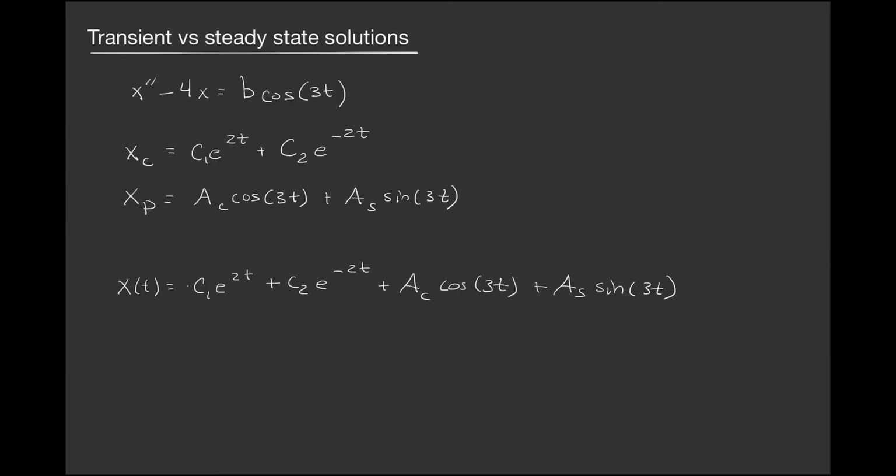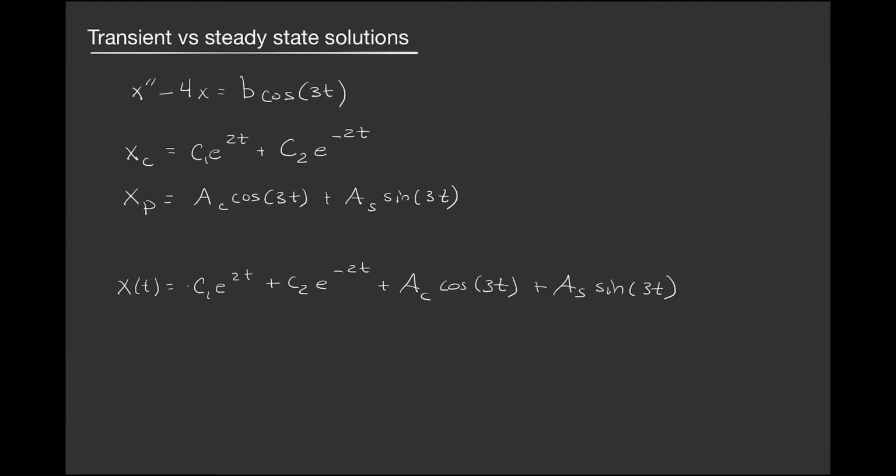Now, whatever these values are, it's going to depend on, one, feeding this back through the differential equation to solve for a_c and a_s, which is going to depend on b. Then c1, c2 are going to depend on initial value information, which we don't have here.